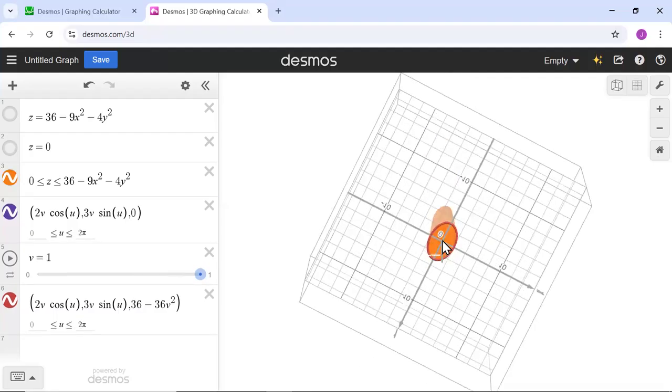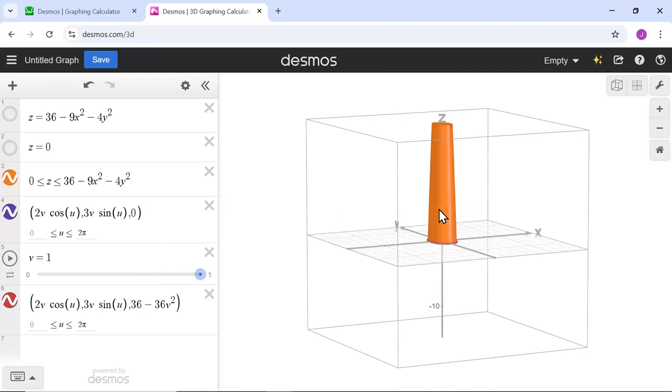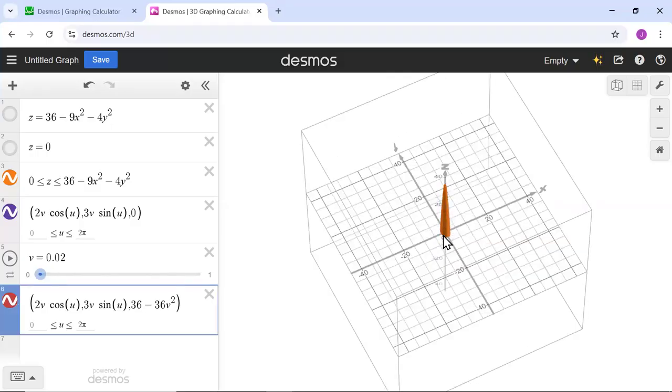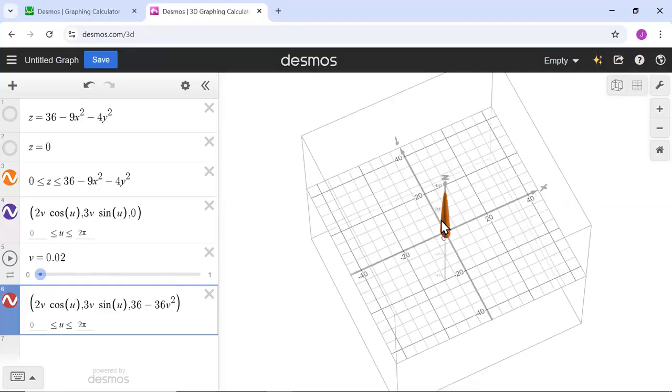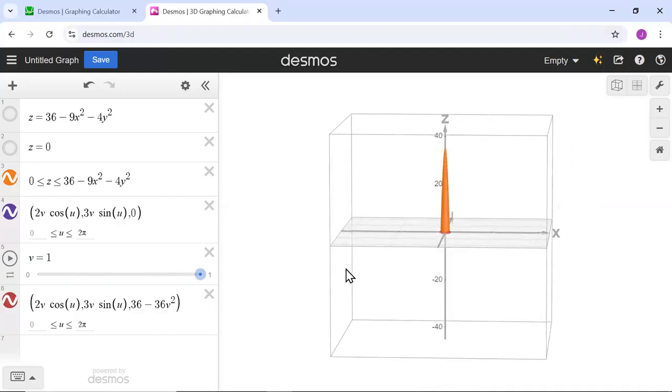So from 0, 0, all the way till I hit this boundary ellipse at the bottom. And we're at the 0, 0 right here at the top. Again, hard to see in this case because the paraboloid is so tall. But we get this successive series of ellipses all the way down until we hit the bottom.